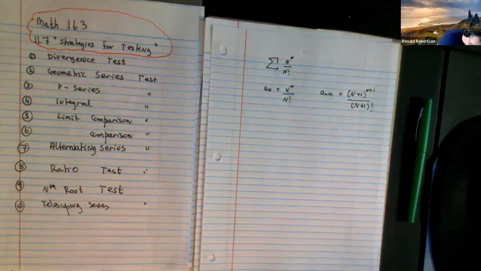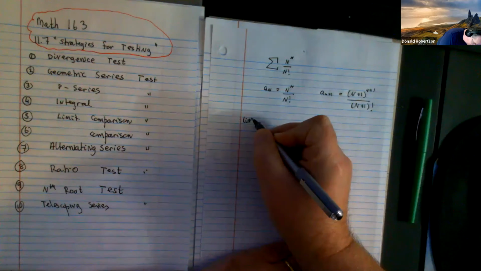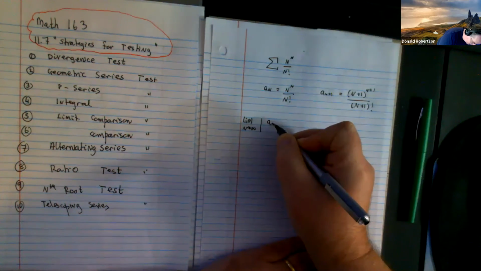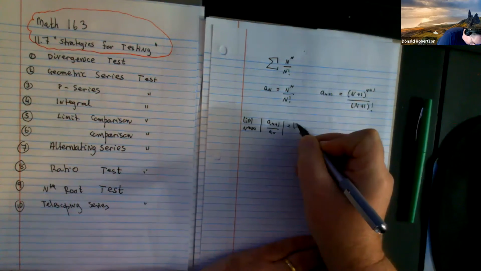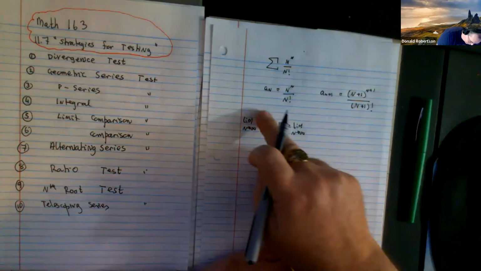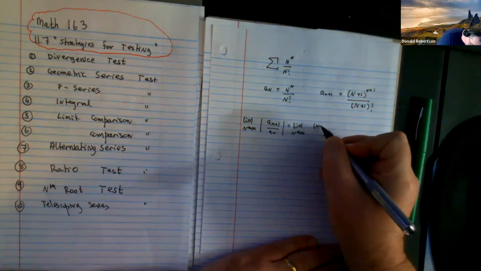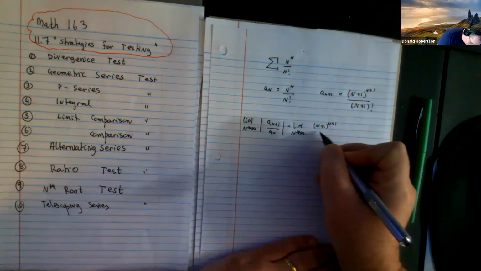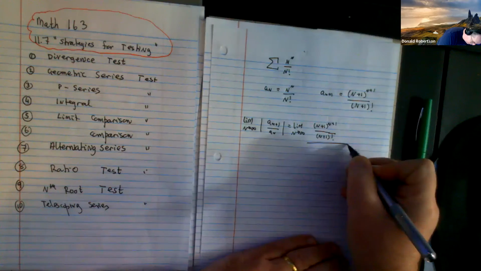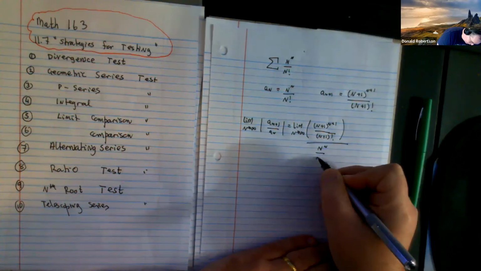So the limit as n tends to infinity of the absolute value of this guy divided by that guy becomes the limit as n tends to infinity. And since these are all positives, I can do away with the absolute value part. And I'm going to do (n+1) to the n+1 over (n+1) factorial, and on the bottom, n to the n over n factorial.